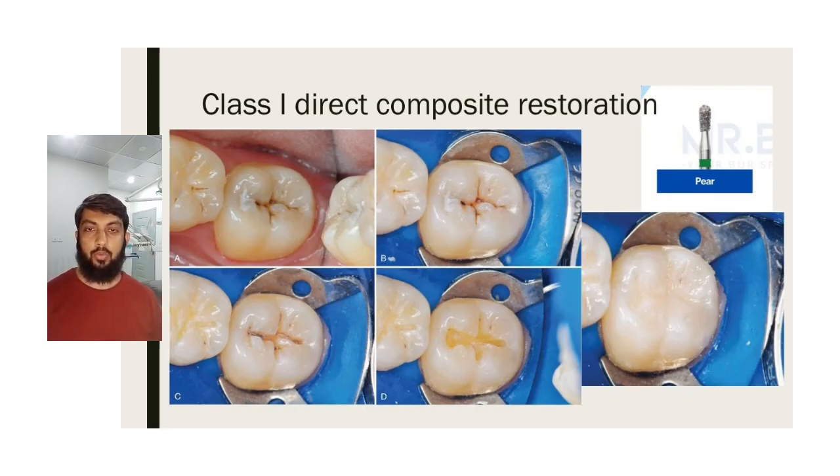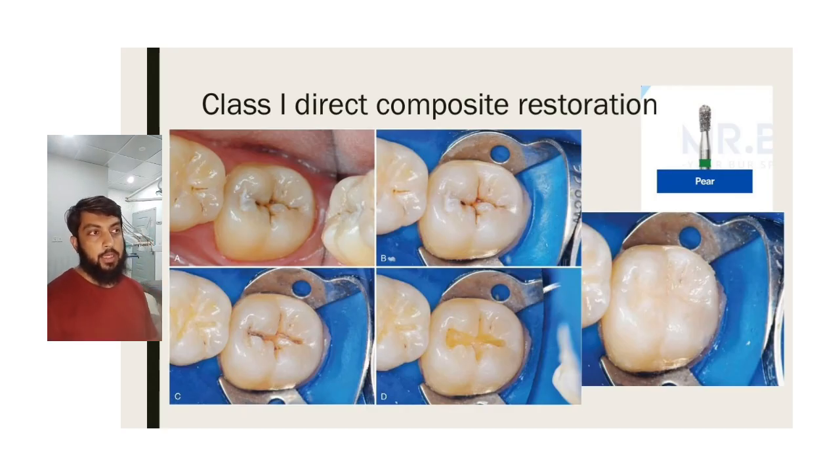You are not going to do extension for prevention with this type of material. And there is no requirement of occlusal convergence, as it is going to be micromechanically retained into the tooth, not chemically retained.